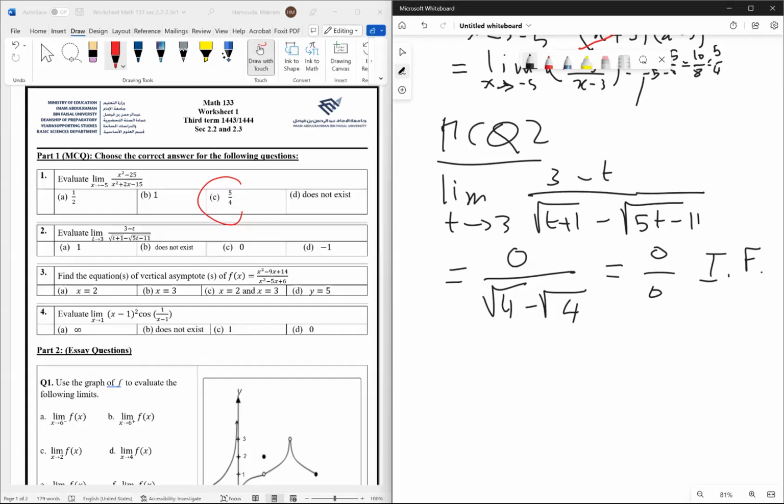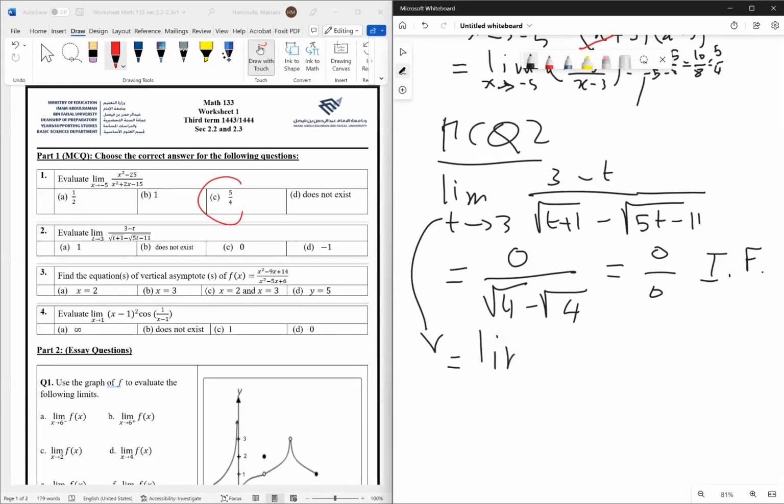So we have to continue and change the expression of the function. This is equal to the limit as t approaches 3. Now the change of the function is specific for the square root, because since we have square roots in the expression, to make a change to this function, we will use what we call the conjugate. What is the conjugate? You see here that in the denominator, we have the expression with the roots.